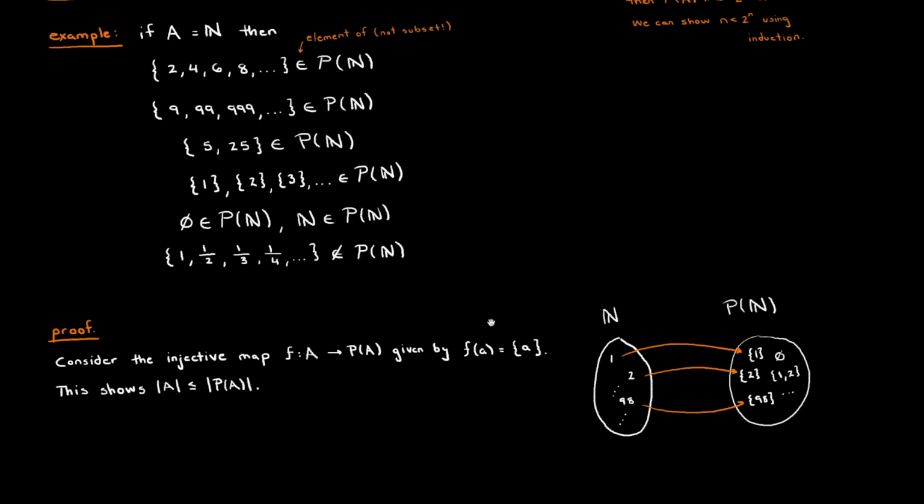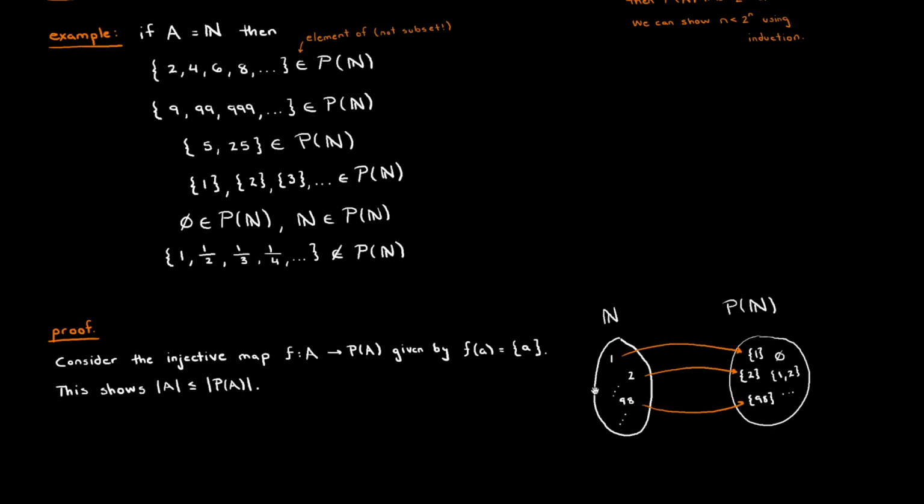And to make this map a little bit more concrete, let's consider the example up here where A happens to be the set of natural numbers. Then F is going to be mapping all the natural numbers into the power set of natural numbers. And so if you were to illustrate this, what's happening here is 1 is getting mapped to the singleton 1, 2 is getting mapped to the singleton 2, 98 is getting mapped to the singleton 98, and so on.